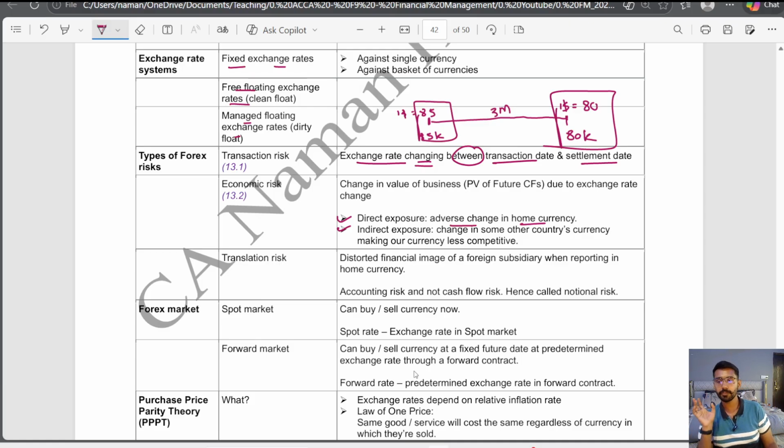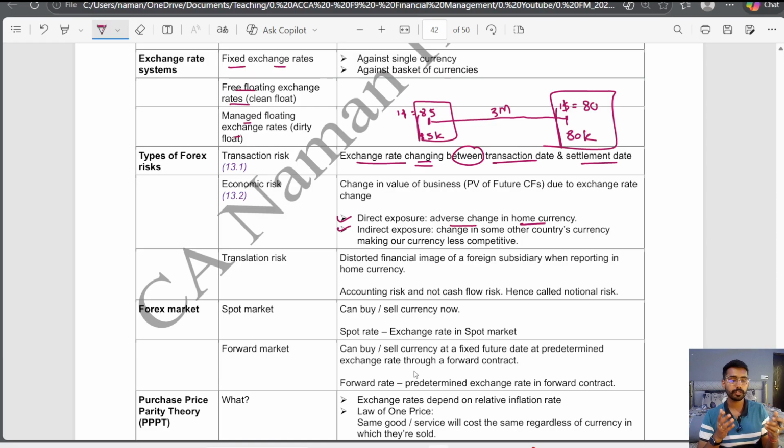And lastly, the type of forex risk that you face is translation risk. This is a notional risk, not an actual risk. In translation risk, you have a foreign subsidiary. It will prepare books of statements in the foreign currency. Okay, all the things are normal.